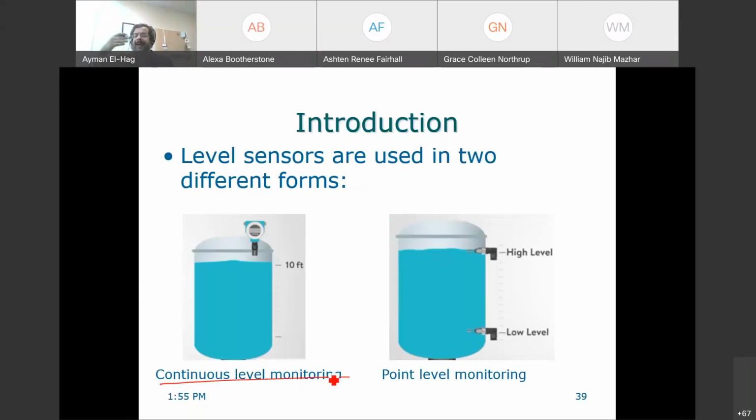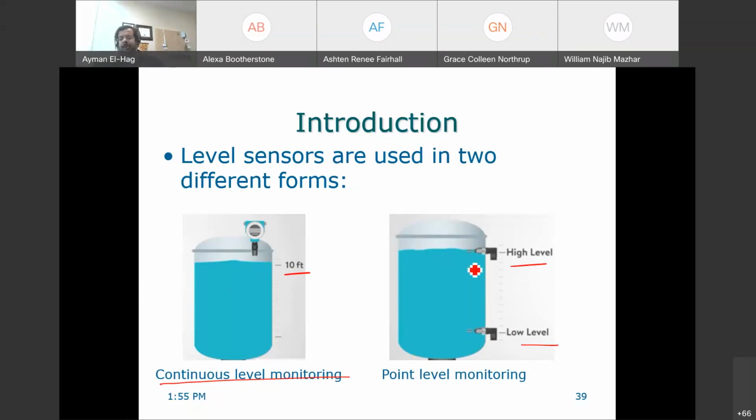This will give you the height. If the total height is 10 feet, it gives you 8 feet, 6 feet, a continuous number, 4.6 feet, etc. And there is another kind of sensor which gives you indications: is the level high or low?